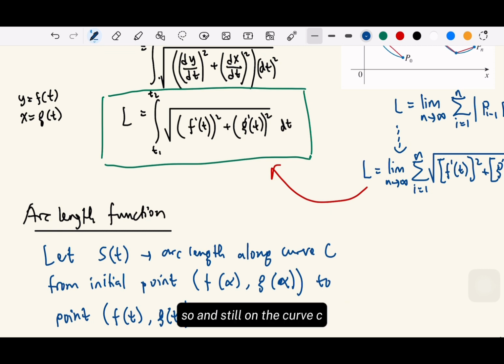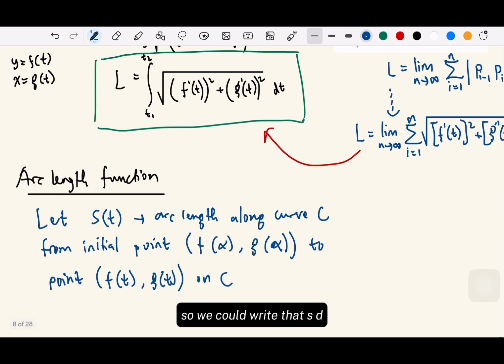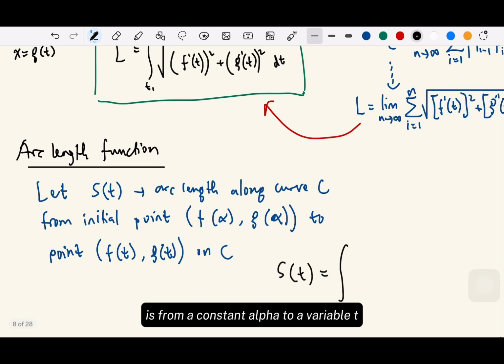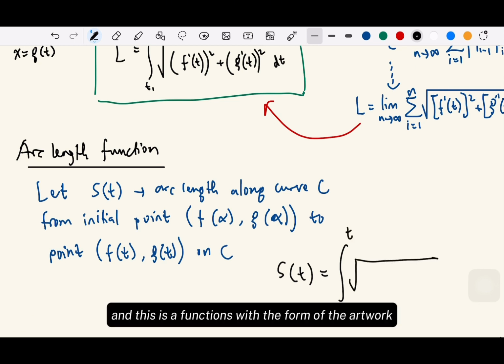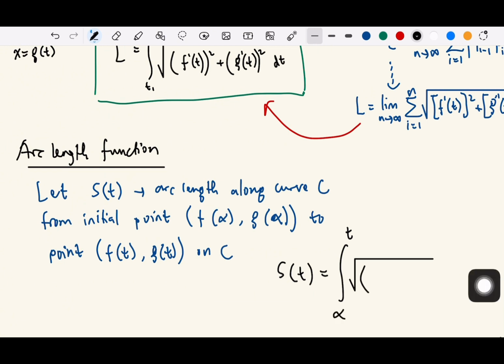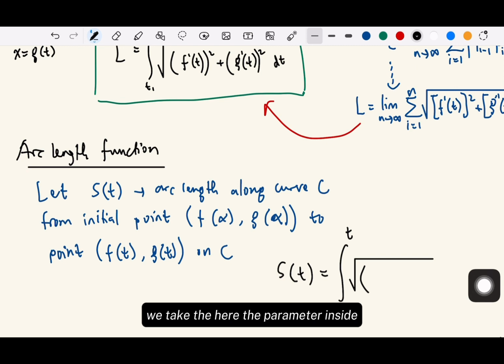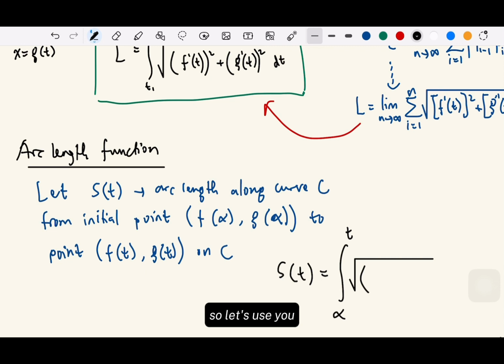And still on the curve C, so we could write that S of t is from a constant alpha to a variable t, and this is a function in the form of the arc length. And since we take t here as the parameter inside, we need to use different symbols, okay, to differentiate from the t. So let's use u.